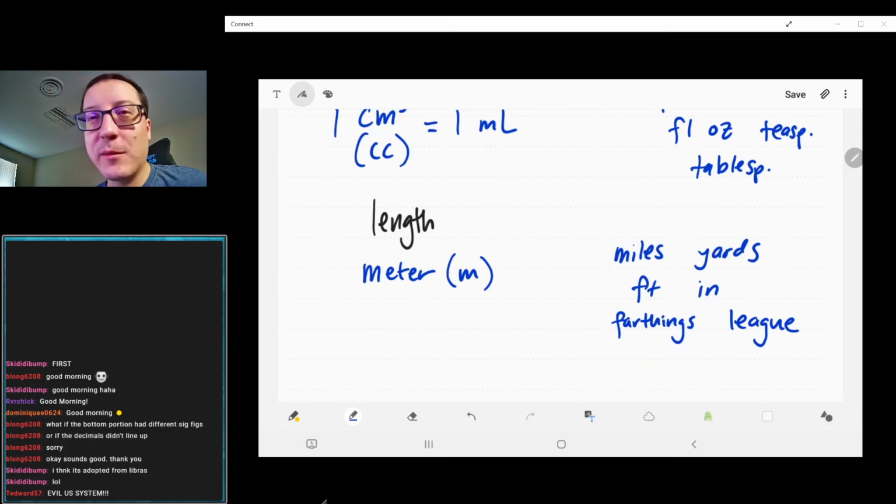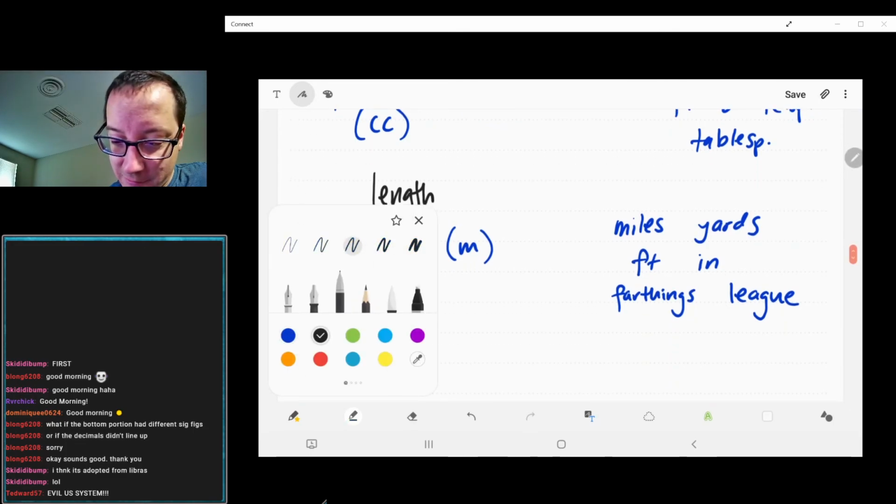The last two are probably more British than anything else, I would think. Or they're more used for naval systems, I want to say. But yeah, these are kind of medieval units, so they're not really used very often anymore. We typically just cap out at miles in the US.